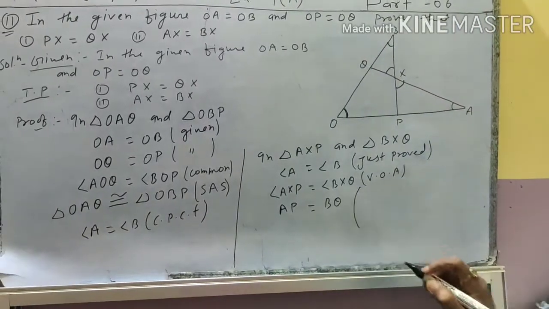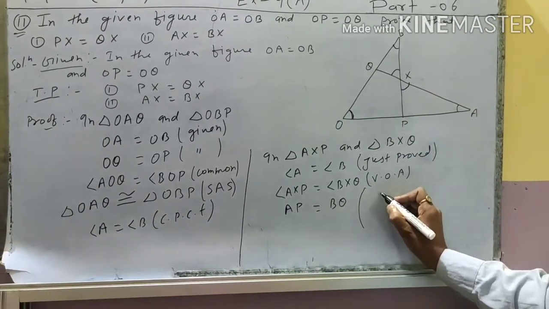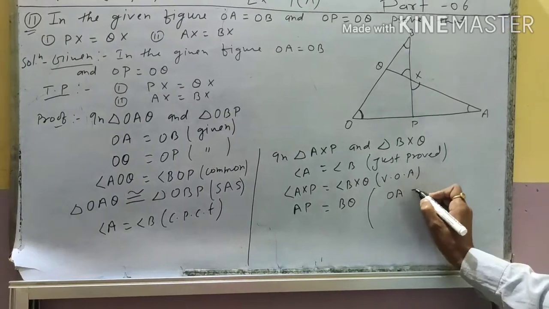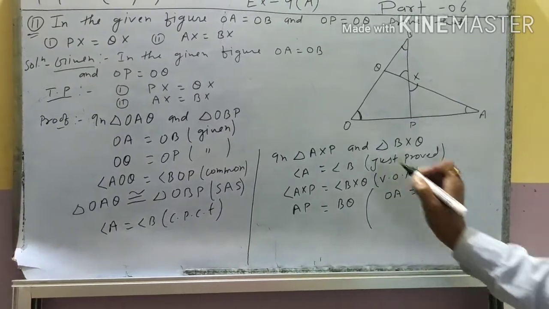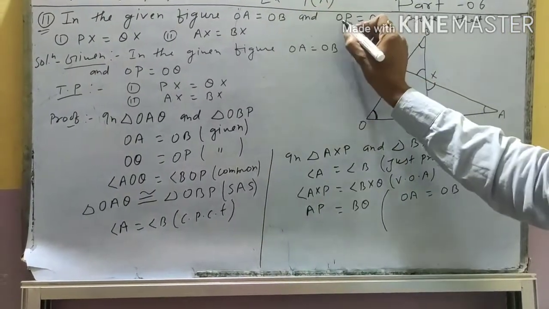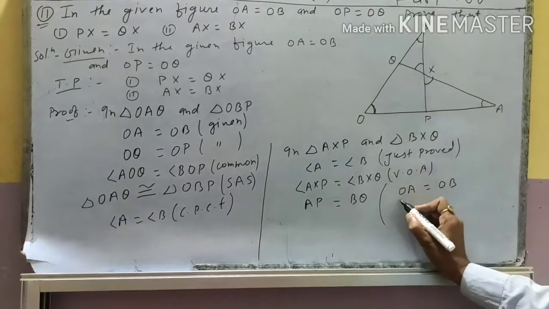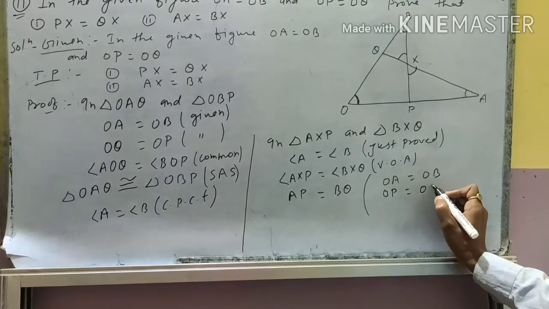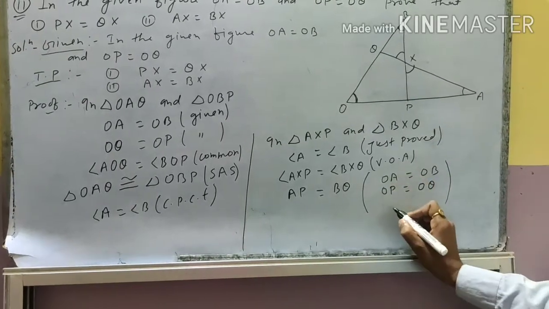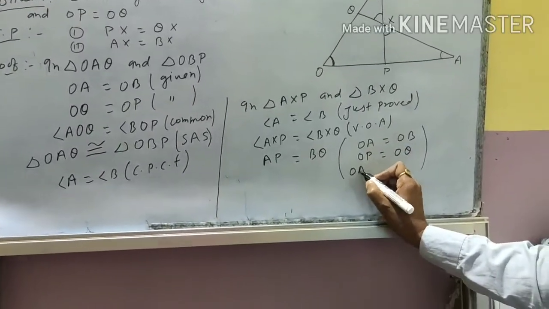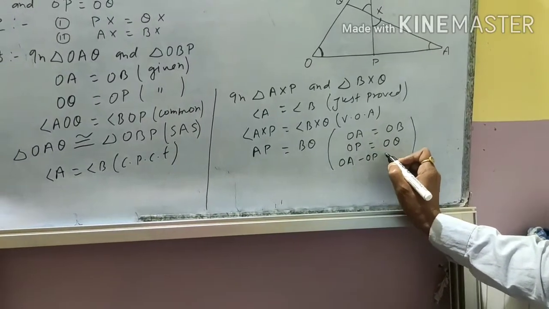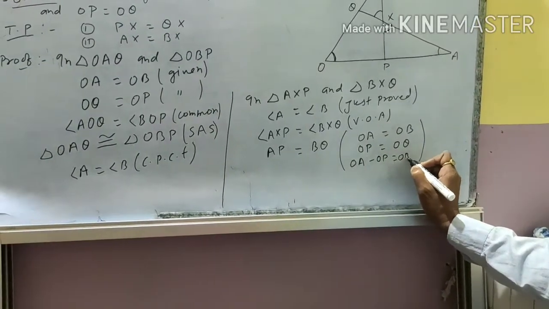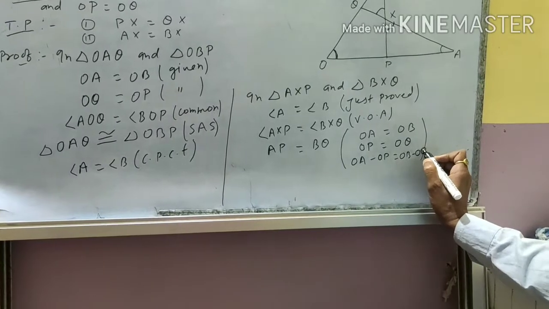The reason is, first of all, write down OA is equal to OB, and OP is equal to OQ. Subtract these two equations. So OA minus OP is equal to OB minus OQ.